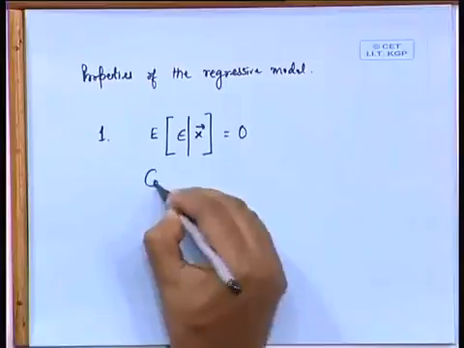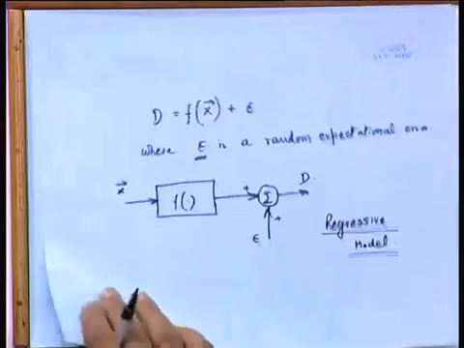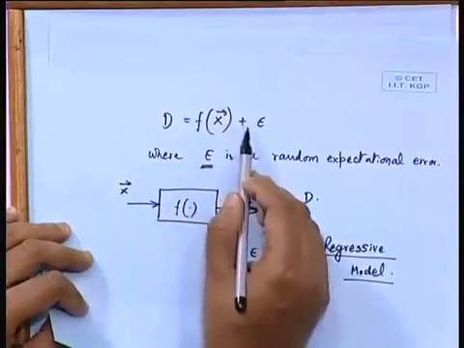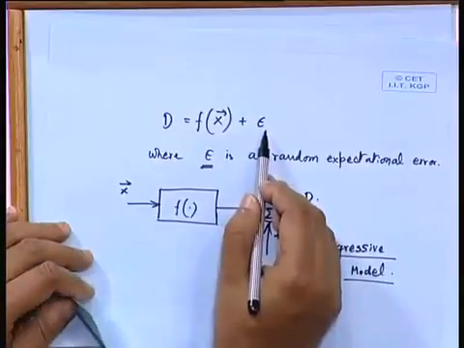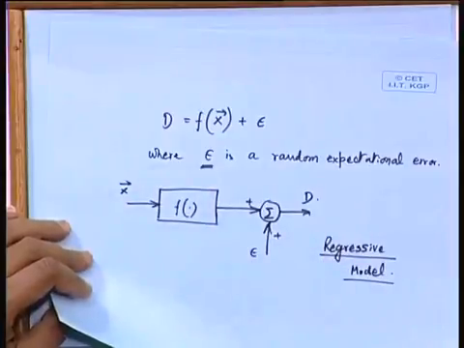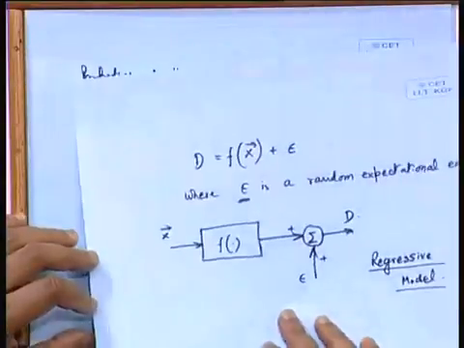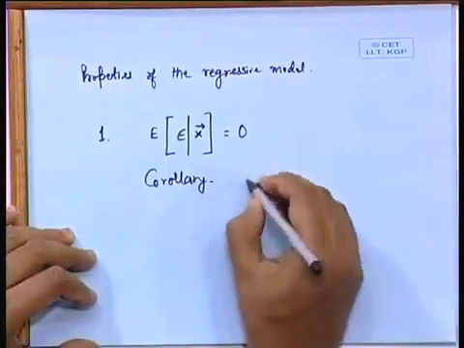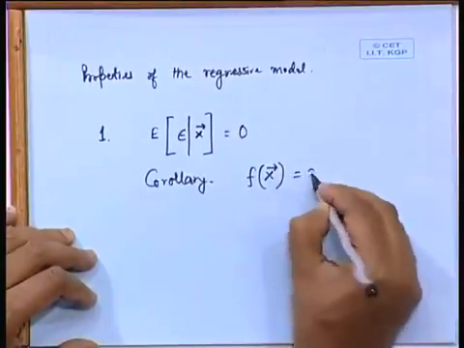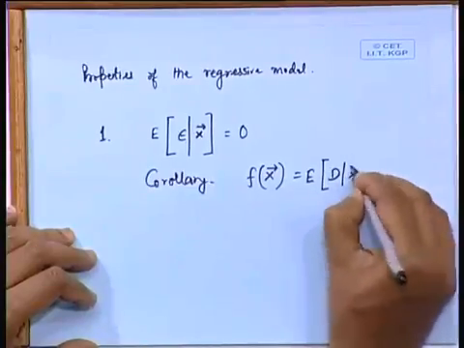And as a corollary to that, by simply applying this definition, d is equal to f of x vector plus epsilon. If we take the expectation on the left hand side and right hand side, it leads to f of x vector being equal to the expectation of d given x vector.